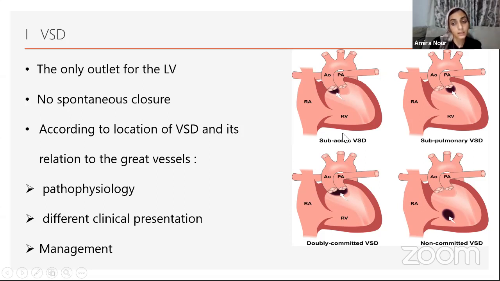Again, I stress on the location of the VSD, not the type. We have a DORV with a subaortic VSD, a DORV with a subpulmonic VSD, a DORV with a doubly committed VSD, or a DORV with a non-committed or remote VSD. And we will discuss every type now.